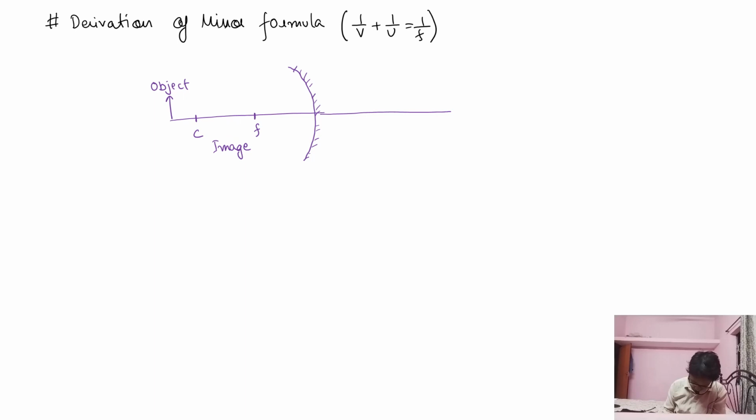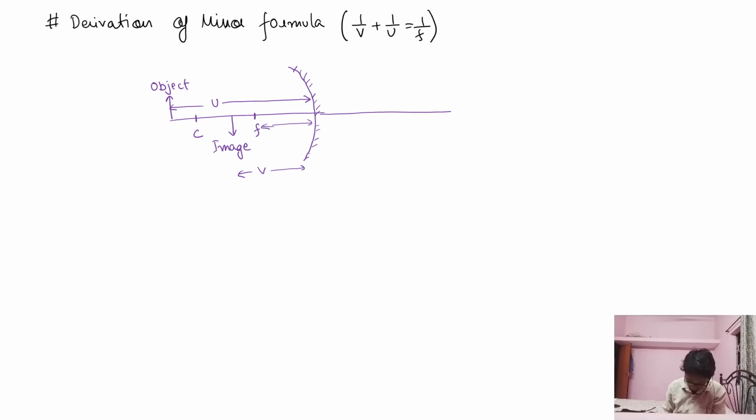Now how do I prove that 1 by this distance plus 1 by this distance is equal to 1 by this distance?